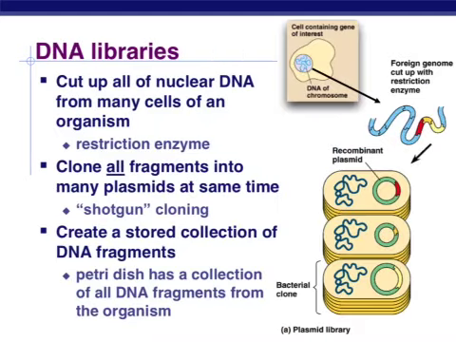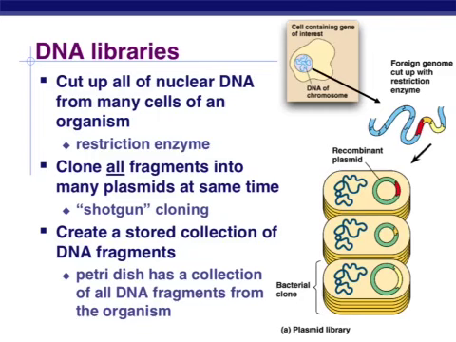Okay, so now that we know we can just make DNA as we need to, another good thing to have would be something called a DNA library, and we do have those. DNA libraries are what you get when you cut up all nuclear DNA from many cells of an organism using a restriction enzyme. You clone all of the fragments into plasmids at the same time.